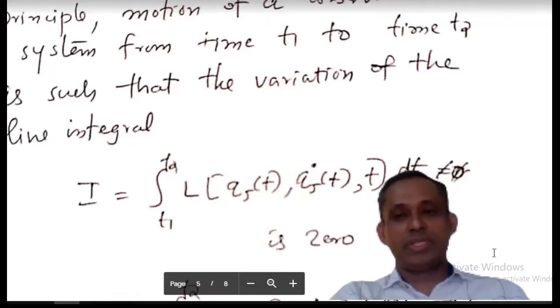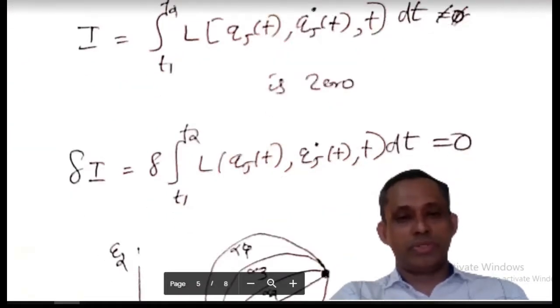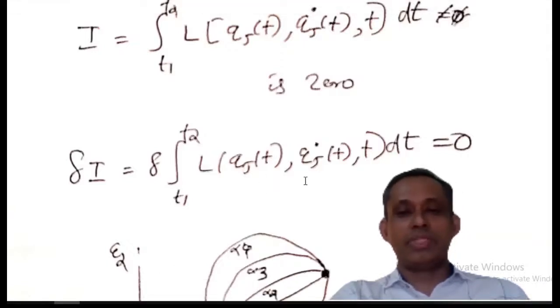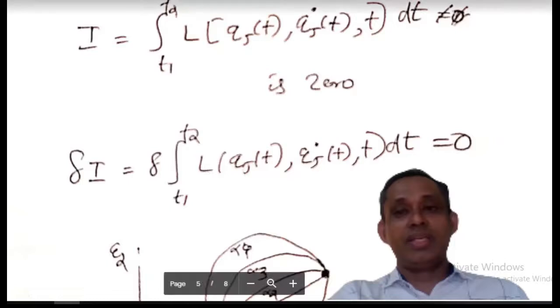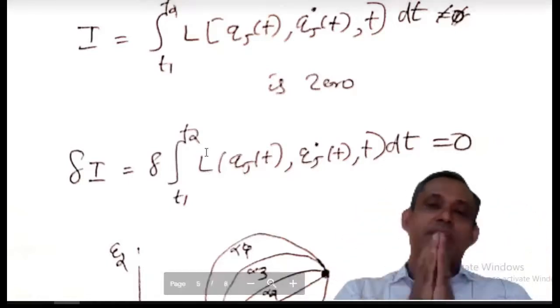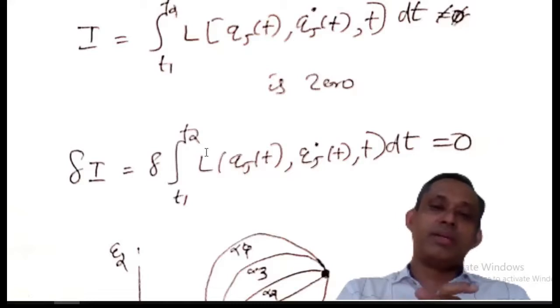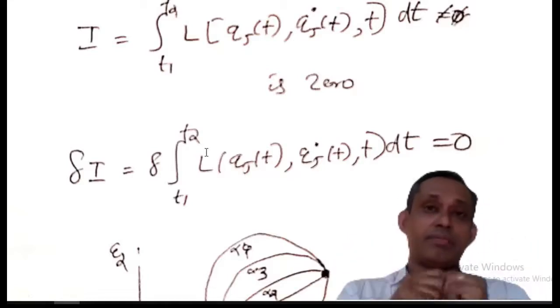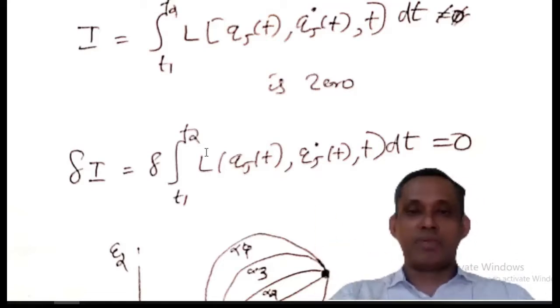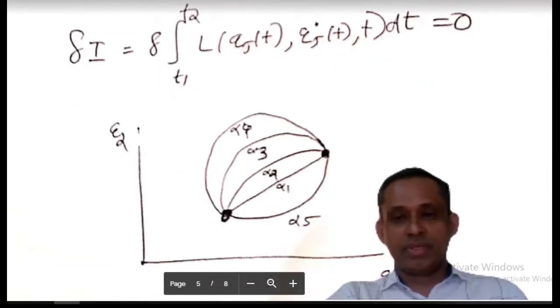I is equal to this and delta I equals 0. So delta I, delta of the integral t1 to t2 of L dt, that is equal to 0. So we have delta I, the variation in the action integral. This is what Hamilton's principle is telling us.